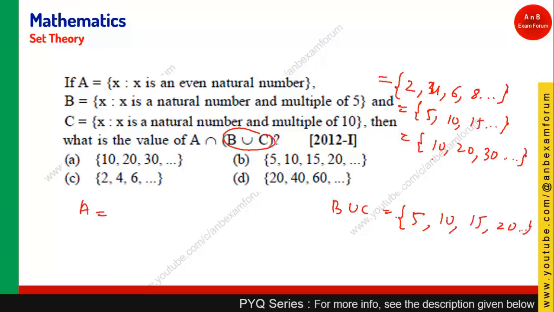Now A intersection B union C. So A is this, B union C is this. What are the common elements between them? As you can see, this is the even natural numbers. So the common elements are 10, 20 and so on. If you see option A, you will get this answer. 10, 20, 30, like this. So option A is the right answer.